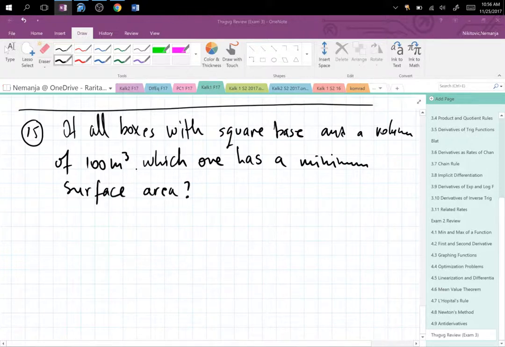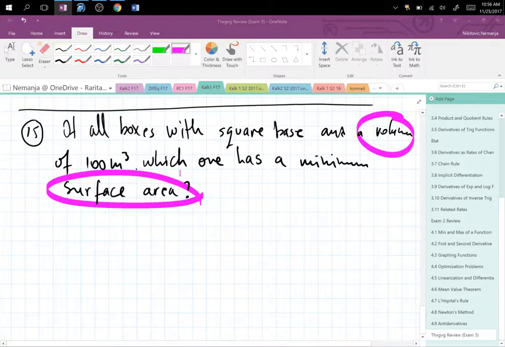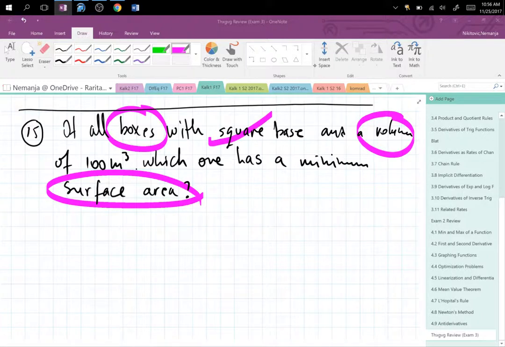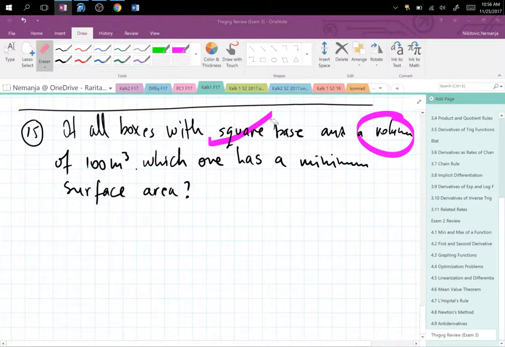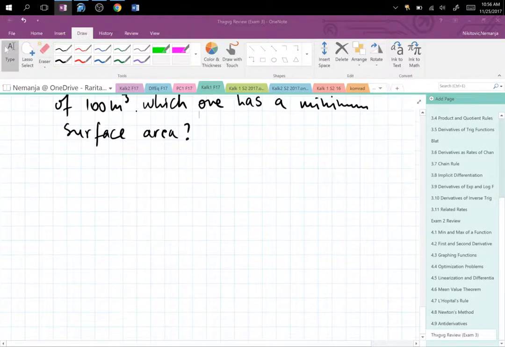We learned a very specific way to do these problems. Create a mathematical model using the formulas with the words that are given in the text. There's the word volume and the surface area. And there's a box with a square base. So we use all of these ideas.